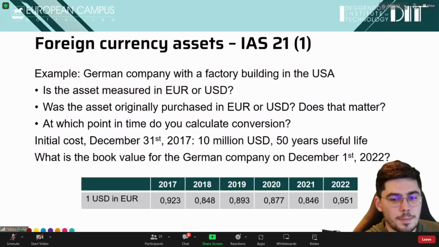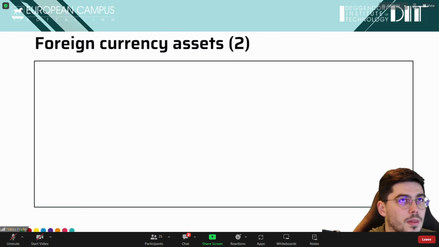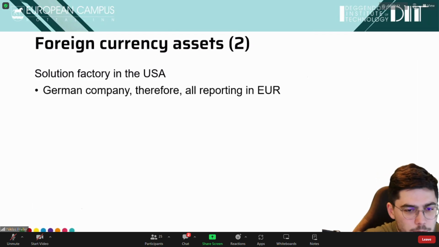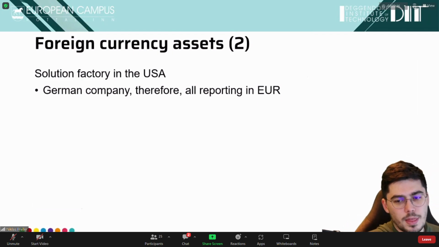Yes. There is a very clear way how we deal with that from an accounting point of view. I have that example here. We have the factory in the USA and a German company. Therefore, all reporting is done in euro. That is very important.